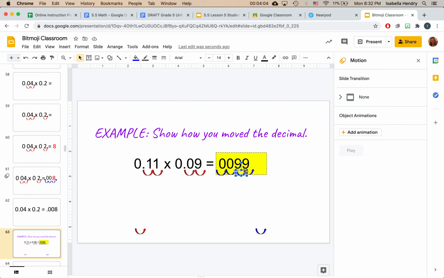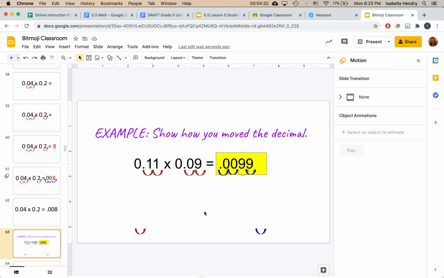You might have to make your arrows a little shorter to make it fit nicely if you're really wanting to be a perfectionist about this. It's okay with me if you just have the right number of arrows and your answer makes sense. So my decimal point goes here. So I have these 4 arrows showing that I moved my decimal point back 4 times at the end because I moved it out 4 times at the beginning.